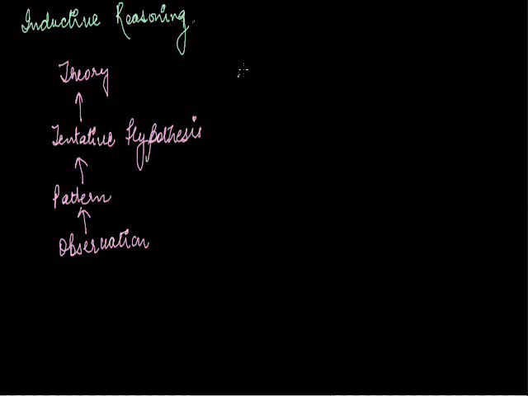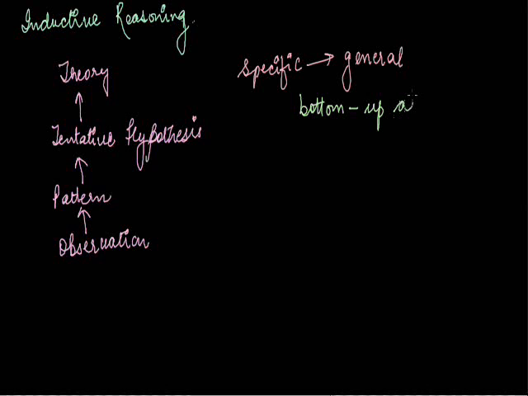It is from specific observations, specific to general. We have some specific observations, and using those we are trying to deduce some general statement. So inductive reasoning works in the way of moving from specific observations to generalization and theories. It is a bottom up approach.